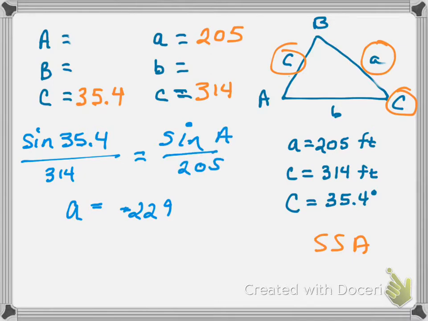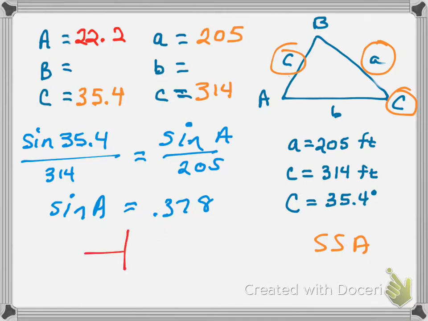Now, if I type that in the calculator, what will I get for sine of A? If you do inverse sine of 0.378, you get a 22.2 degree angle. Now remember, there's always that second angle you can do, because when you do an inverse sine problem, there's two answers.